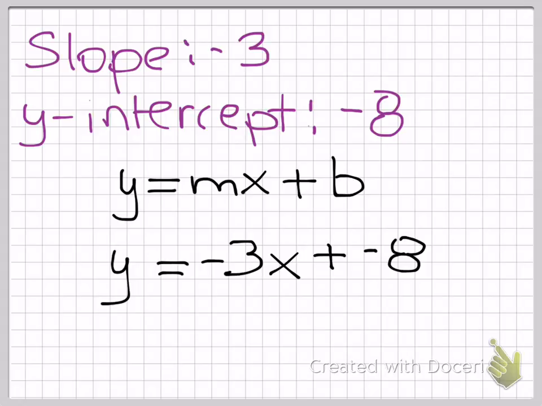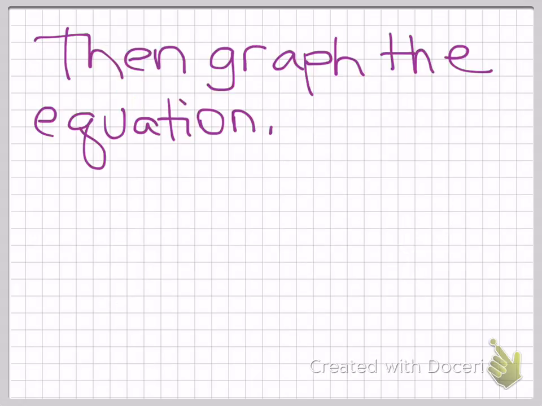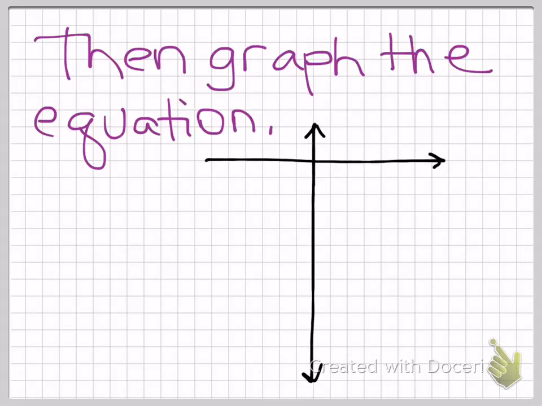And again, if we're going to graph this, we're going to start at negative 8, putting a point there on the y-axis. So I'm going to put a point at negative 8.